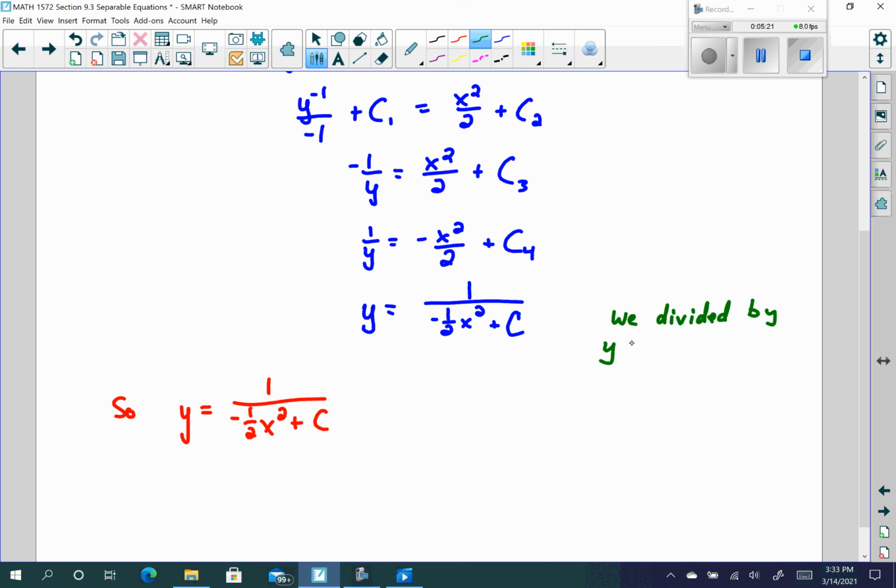we need to check y equals 0. Will this work as a solution?